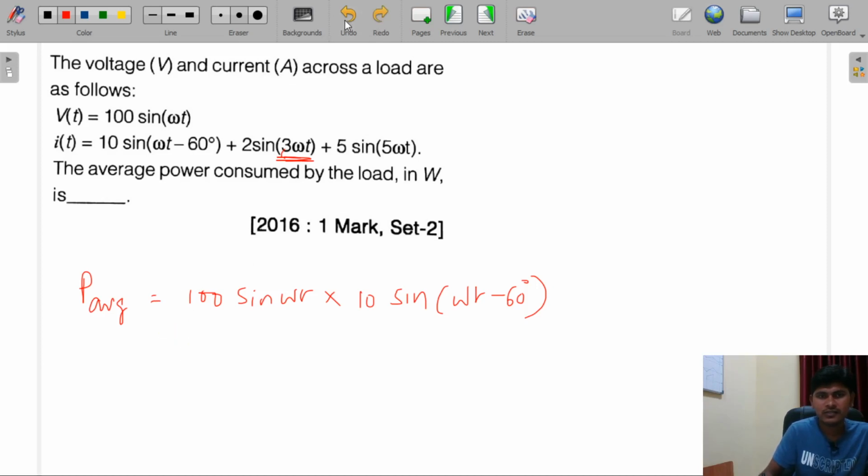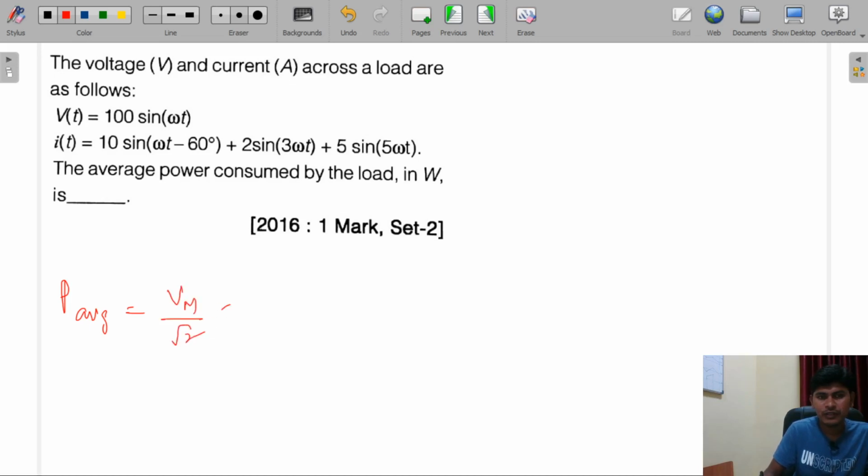Directly, P average is equal to Vm by root 2 into Im by root 2 into cos of the angle between voltage and current.